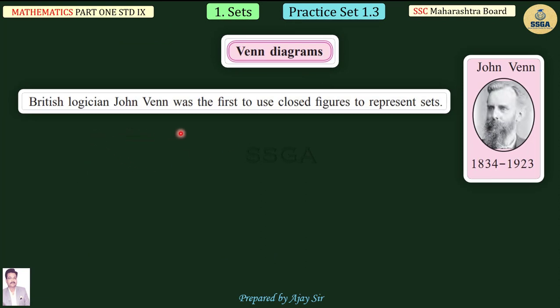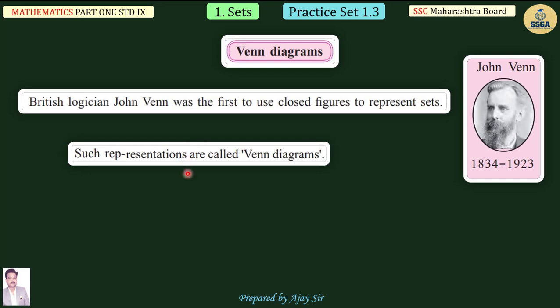British logician John Venn was the first to use closed figures to represent sets. Any closed figure, like a rectangle, circle, oval shape or triangle, used to represent a set is called a Venn diagram.